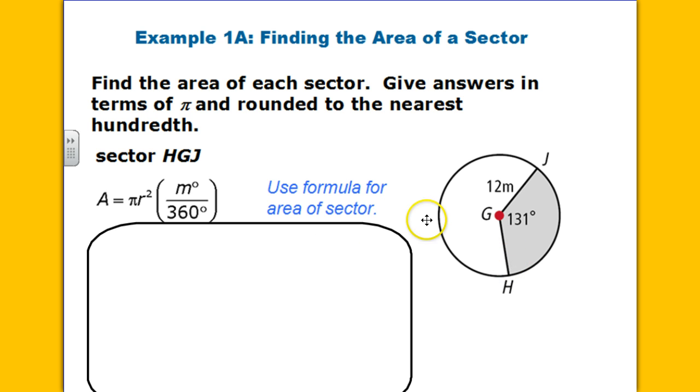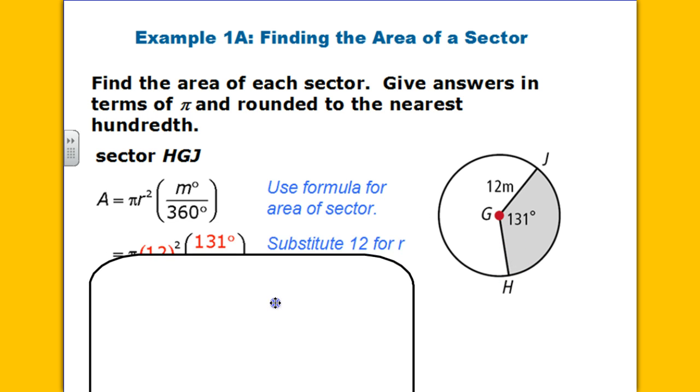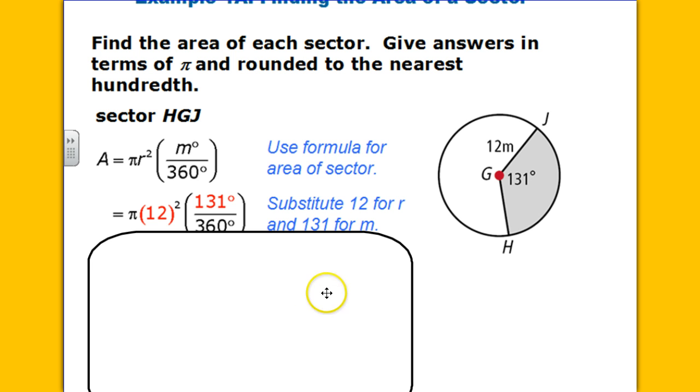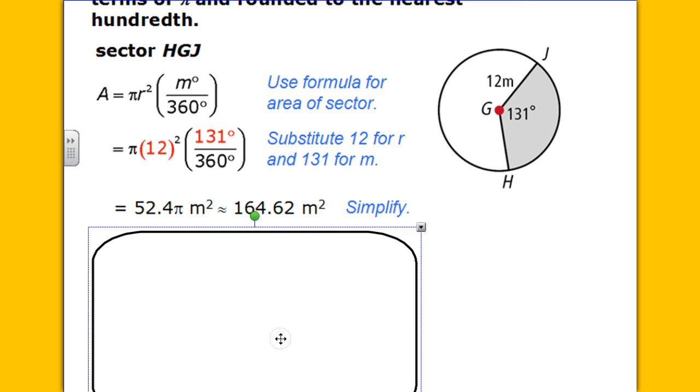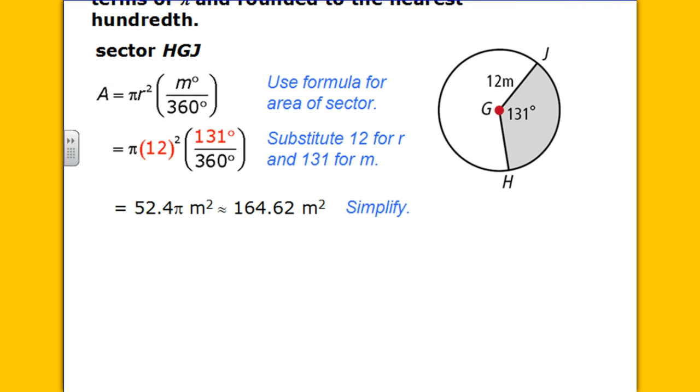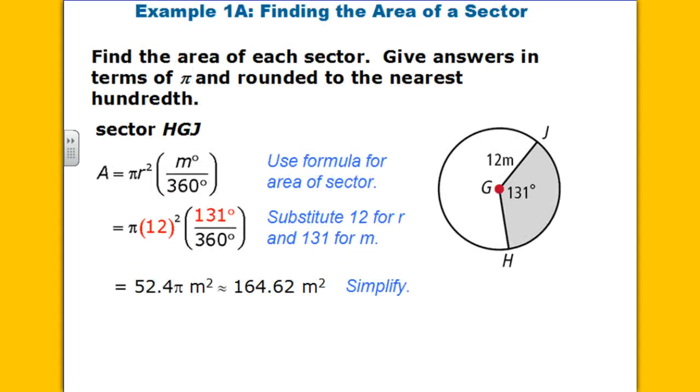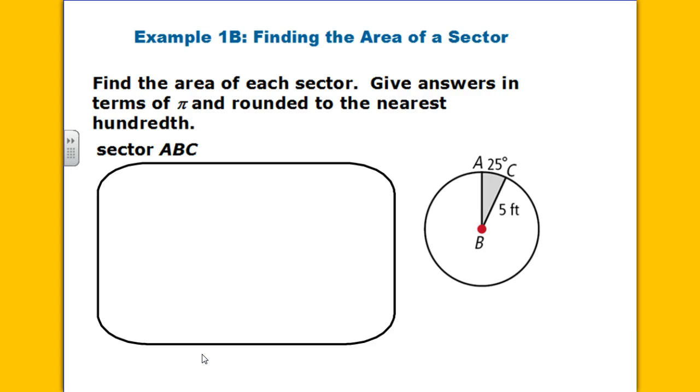So 131 over 360 gives us that, and we can just plug in our radius of 12. When you do, we can begin by leaving our answer in terms of pi, and then we can round it to the nearest hundredth, which is 164.62 meters squared. Go ahead and pause the video and come back and check your work here.